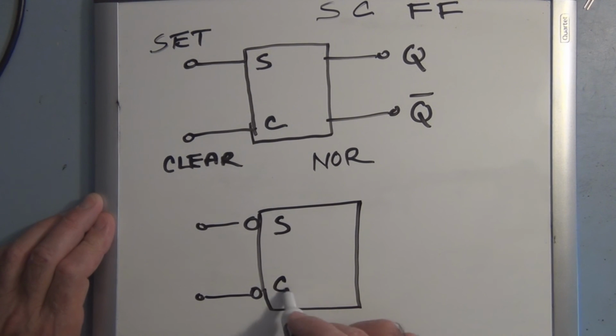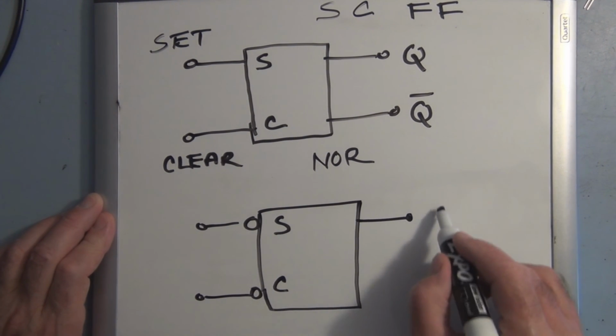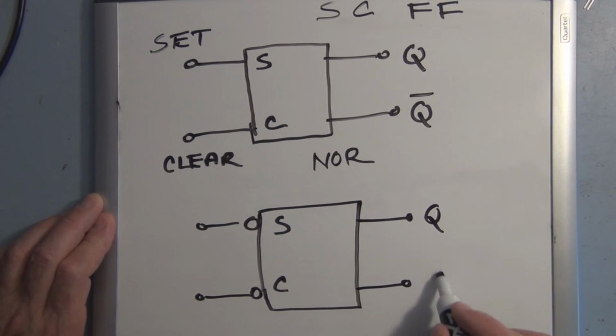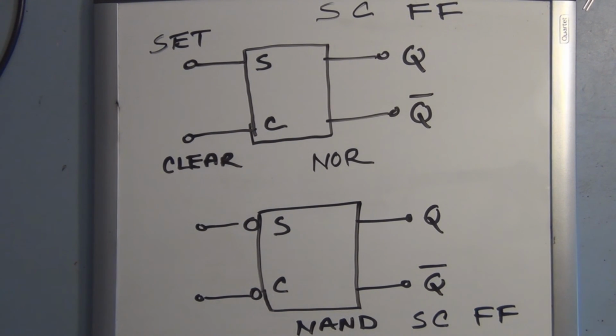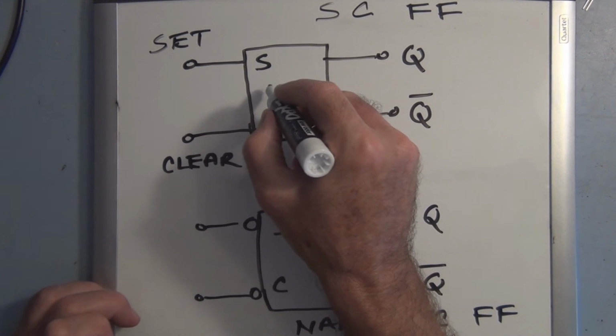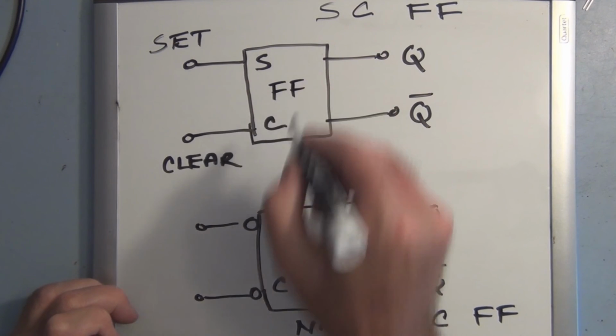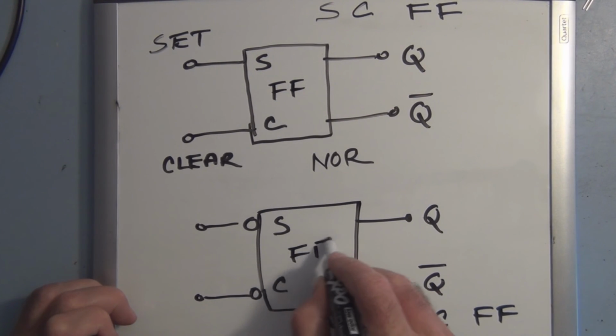And this is the set and the clear. And again, the Q and the Q naught. And this is a NAND gate type of set clear flip-flop. So these are the two logic symbols for set clear flip-flops.